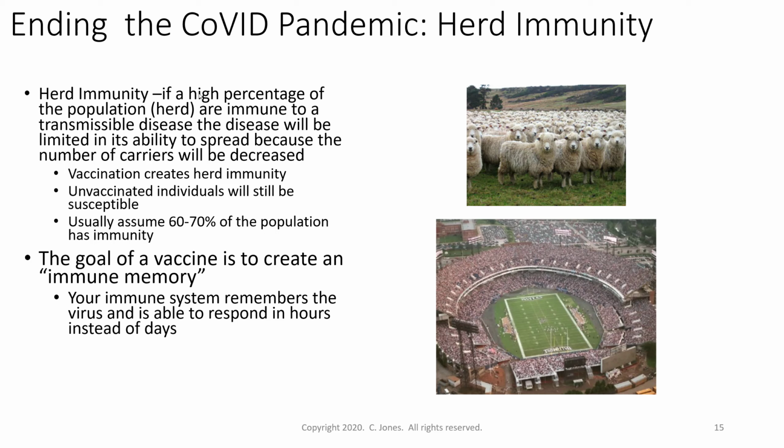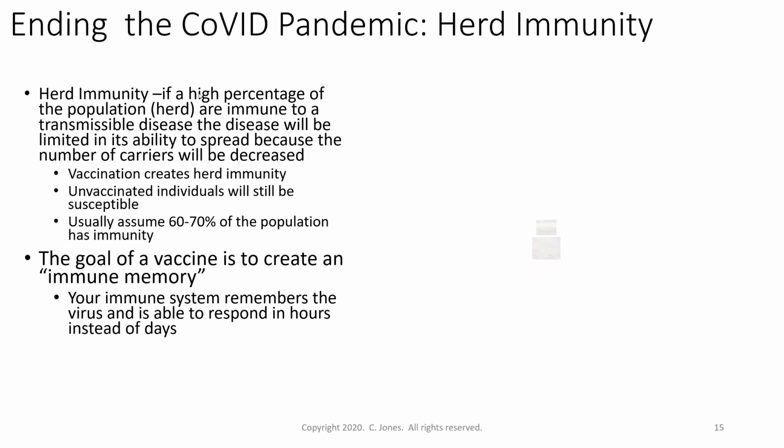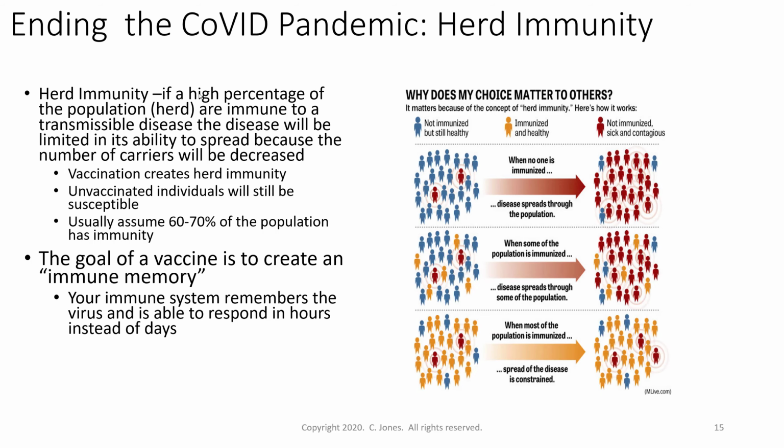Your immune system will remember the virus, and the next time you're exposed to that virus for real, your immune system will respond to it in hours instead of days or weeks. All right? And this graphic just illustrates what happens with and without immunity. So if we look at the top, the key here is the different types of people.